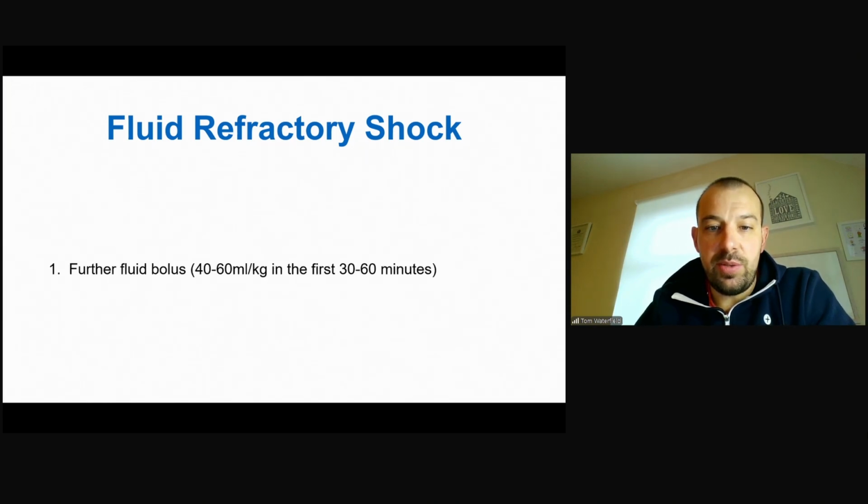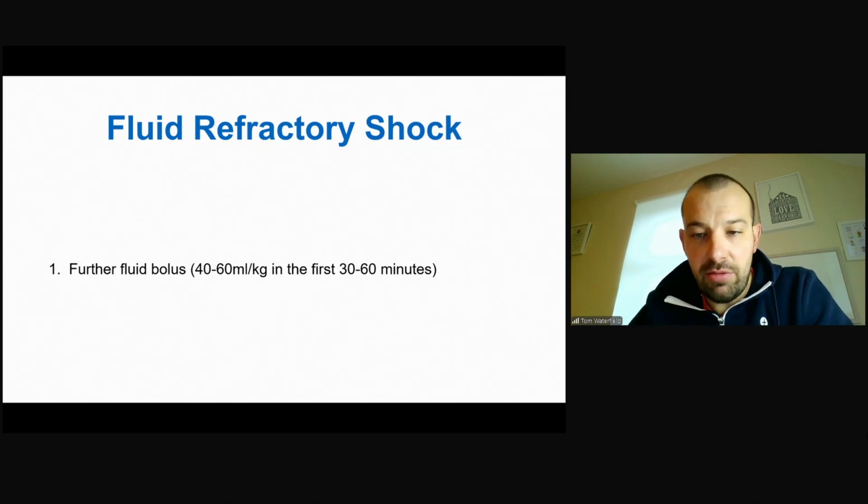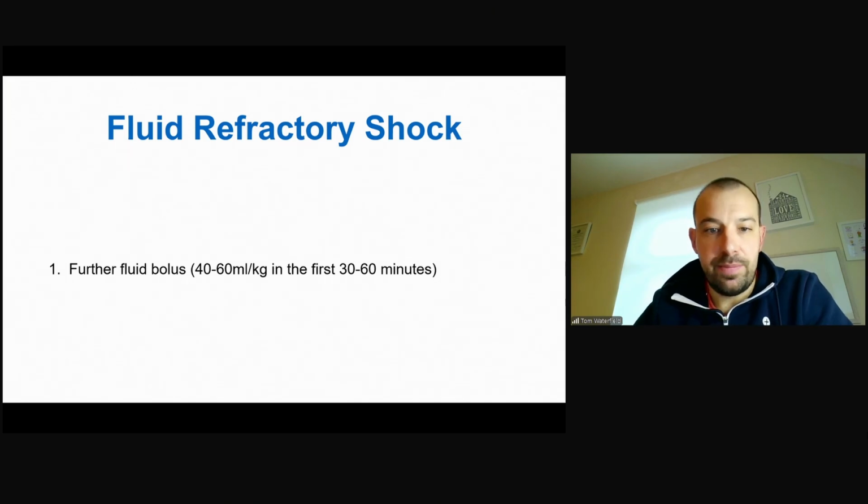So fluid boluses, we can give up to 40 to 60 mils per kilo. You can actually give as much fluid as you need to, but beyond that, you're going to need to really think about monitoring. You want to be trying to give that in the first 30 to 60 minutes. So if you are giving fluid and they really need fluid, you should be assessing and you should be giving it in 10 mil per kilo aliquots, but there's no situation where restricting fluid early in resuscitation has ever been shown to be beneficial.